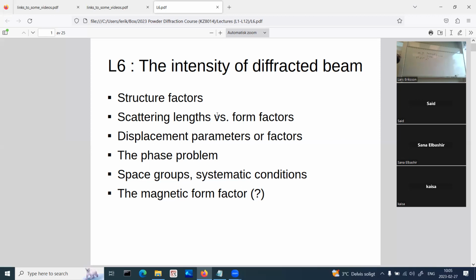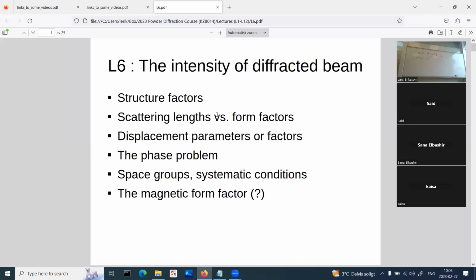So what we measure as an intensity of a reflection is only a scalar number. But if we instead found the value of the structure factor, the so-called complex quantity related to intensity, then it would be quite an easy mathematical calculation.